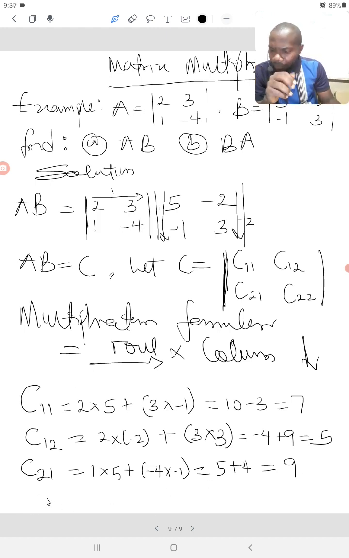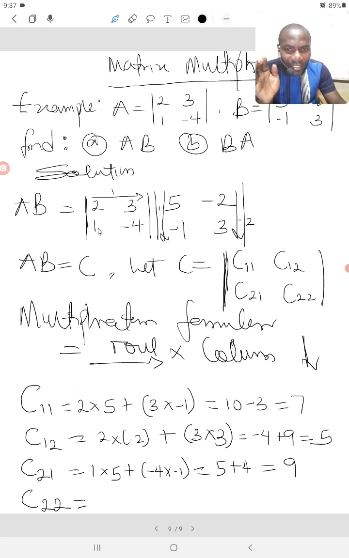So we have the last but not the least, that is C row 2 column 2. You are using the formula to solve it. So which is the C, that is this row 2 now multiplying column 2.